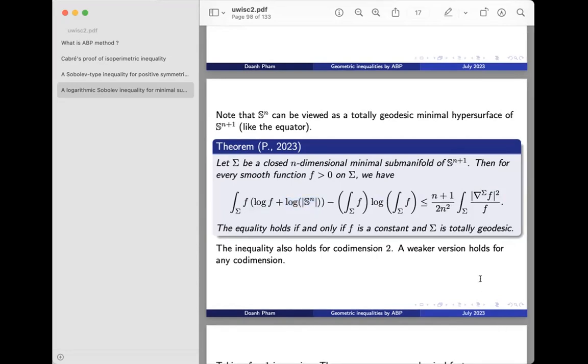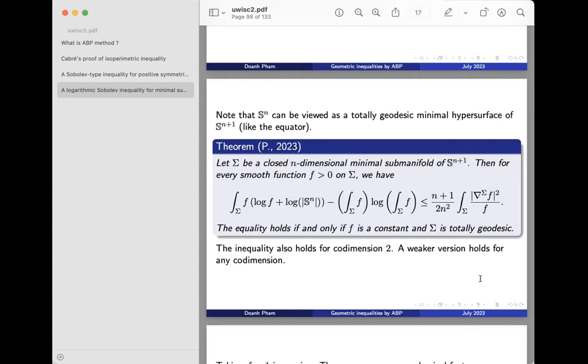And so in the codimension bigger than 2, do you expect to have a sharp inequality, or is there any obstruction? Well, I honestly don't know. But I expect the same inequality would hold. However, I'm not so sure that the ABP method can.